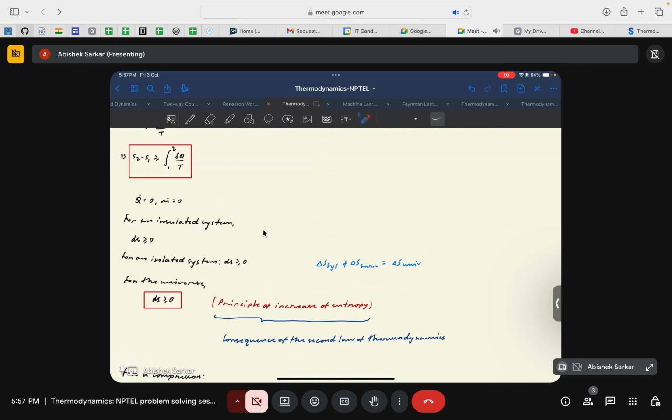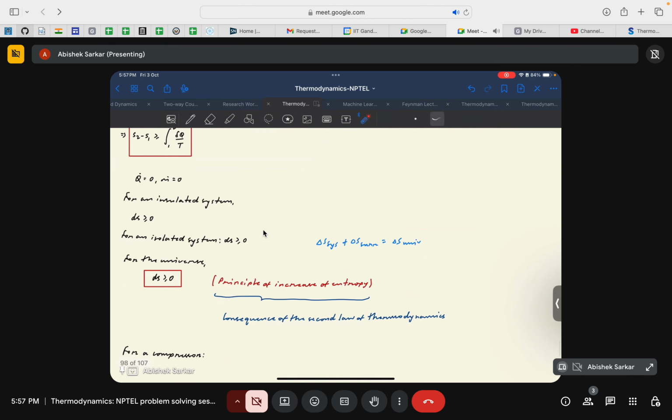So Professor Anand mentions that for an isolated system, the net change in entropy is greater than or equal to zero. This was one of the important statements discussed by Professor Anand, because in the case of an isolated system there is no heat transfer, so delta Q is equal to 0.